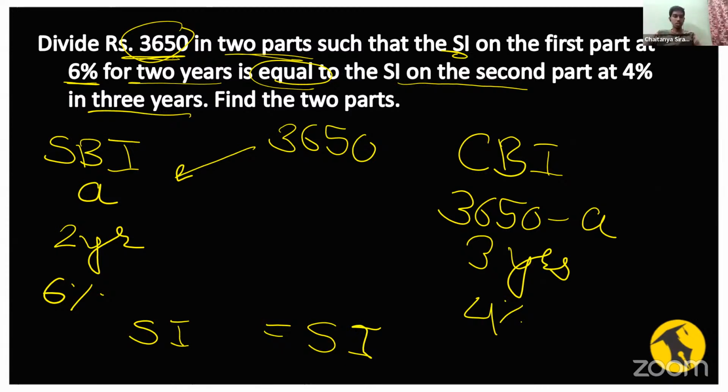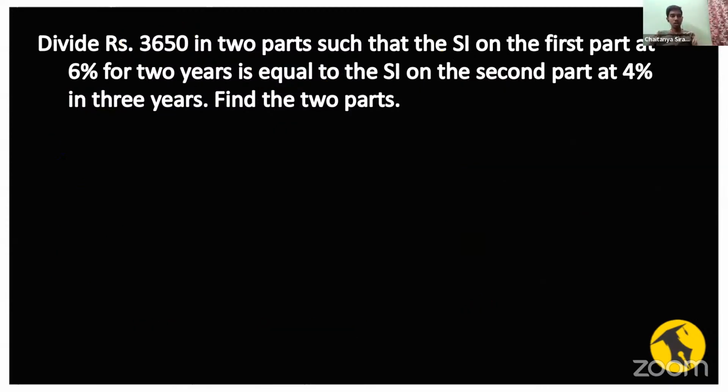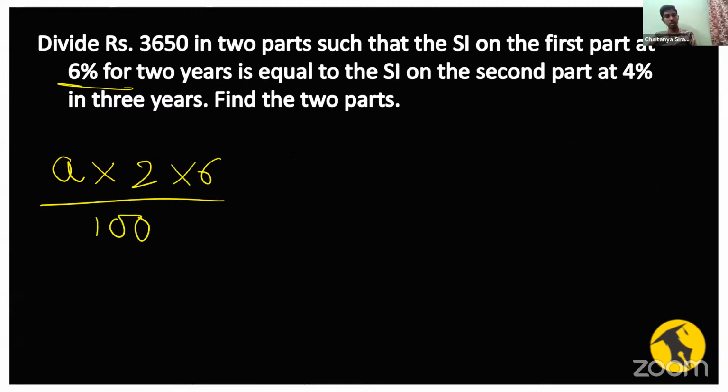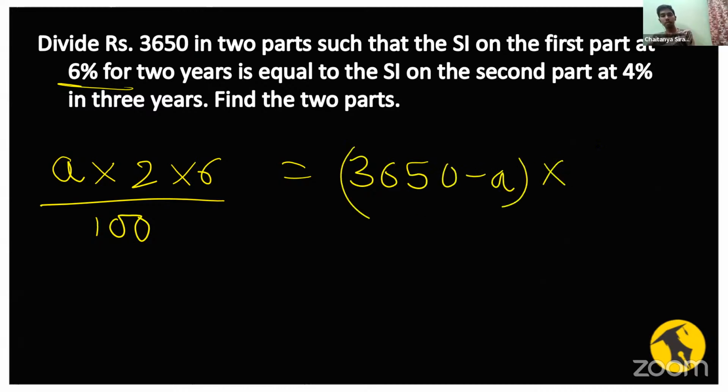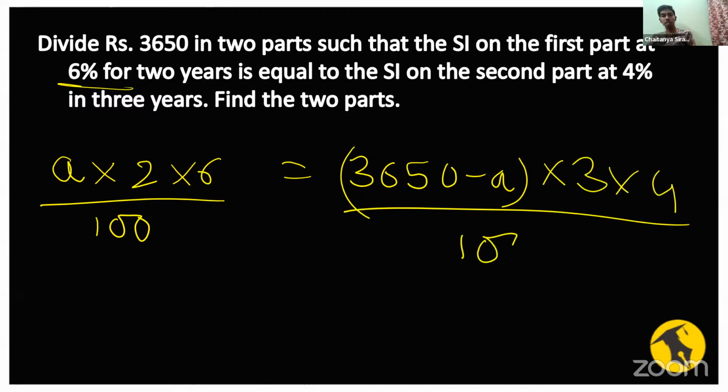So it will be P n R for the first part. Sorry, it's 2 years at 6%. This is equal to 3650 minus A, this is my principal for 3 years at 4% rate of interest.